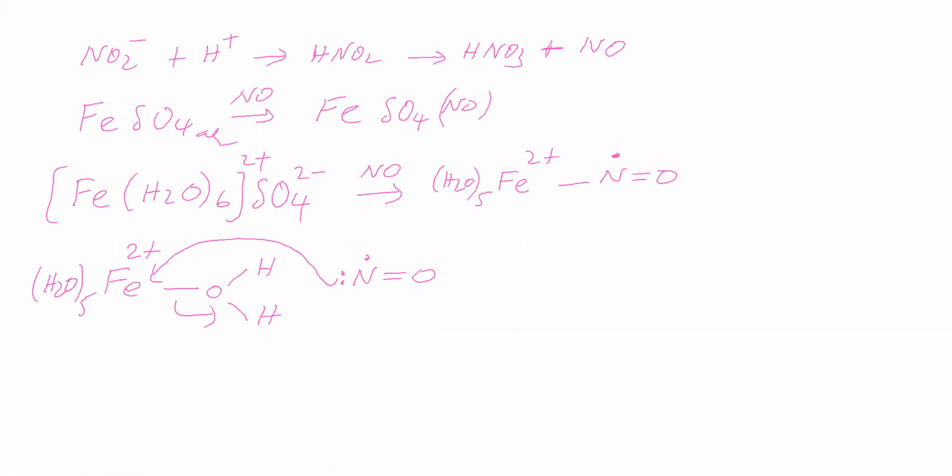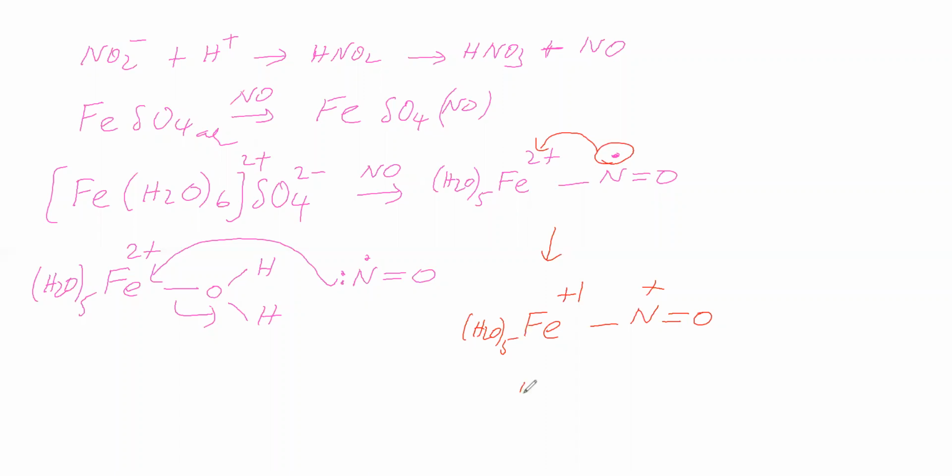Next step, what happens? This electron is shifting to the iron ion. Therefore, Fe becomes +1 oxidation number, and N is getting a positive charge due to loss of electron. These 5 water molecules we will write.